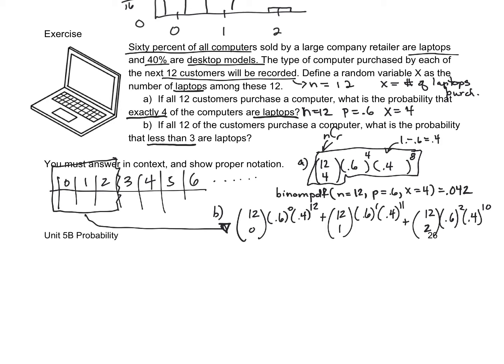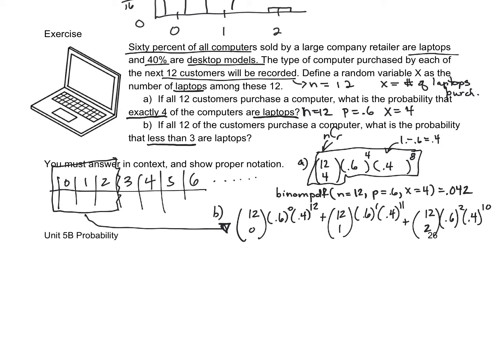Yeah, just a lot. So if we wanted to do 3 or more, here's the cool thing though. This distribution technically goes all the way out to x equals 12, doesn't it? If we had to do it individually, we would have to do 3 plus 4 plus 5 plus 6 plus 7 plus 8 plus 9 plus 10 plus 11 plus 12.